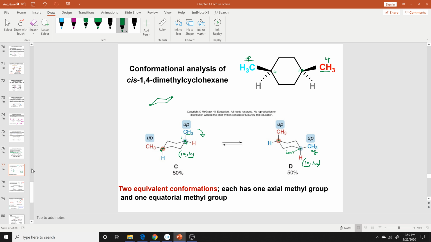They are the same. Each has one axial methyl and one equatorial methyl group, so they exist at equilibrium. So neither one of them is more stable than the other. So for the cis conformation, both conformers C and D have the same stability.